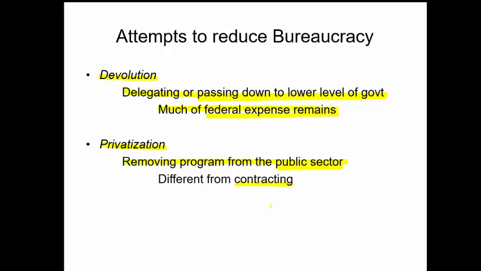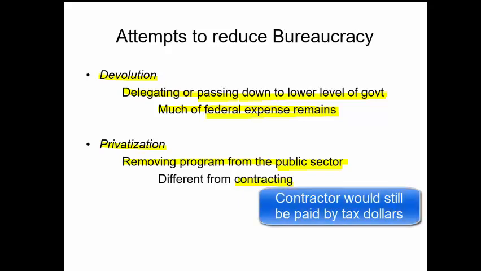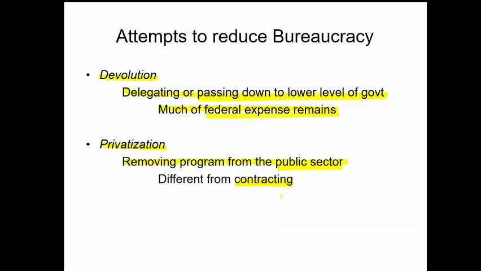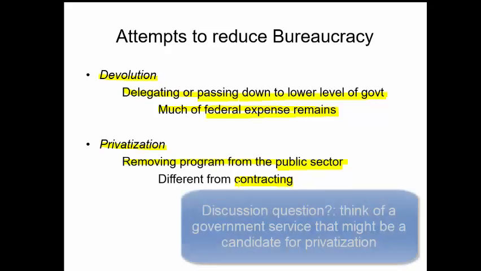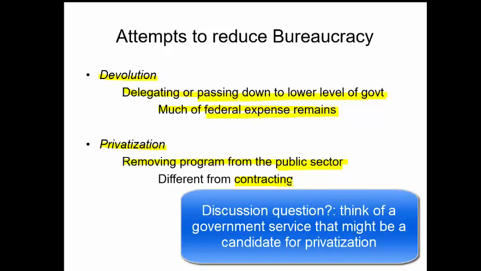Now, the government can contract out some of those and save some of the expense as far as doing the work. In fact, they can contract out prisons, and this is another controversial aspect of government where they're trying to save money by contracting out the operation of prisons. However, the expense still remains because that contractor is getting paid by the government, but the government is requiring that contractor to do what the government would have to do to maintain that facility and to treat its prisoners fairly and maintain their human rights and all that kind of thing.